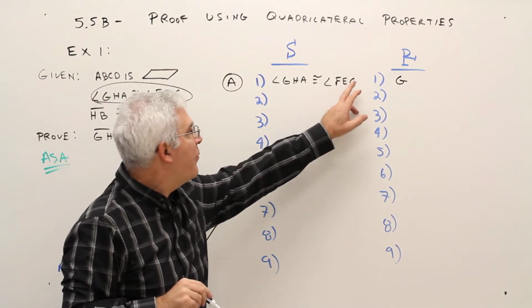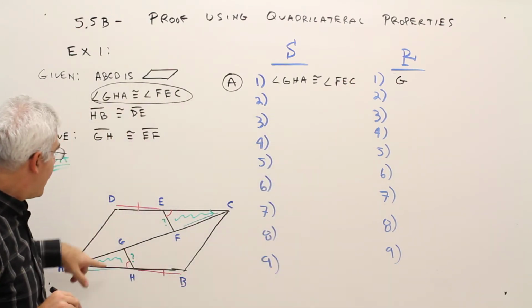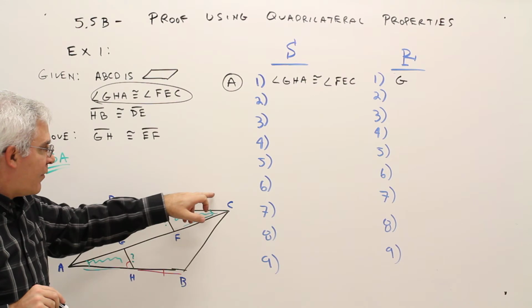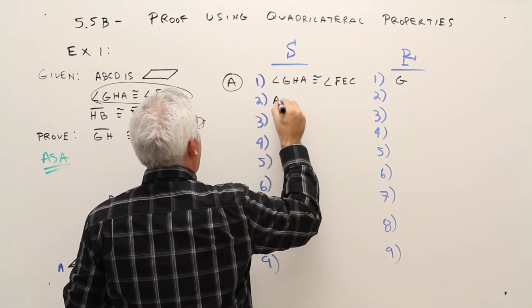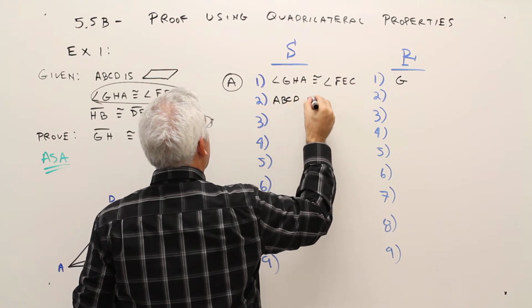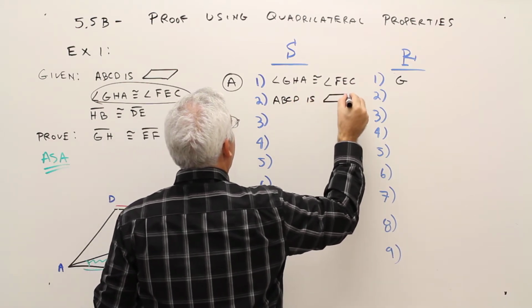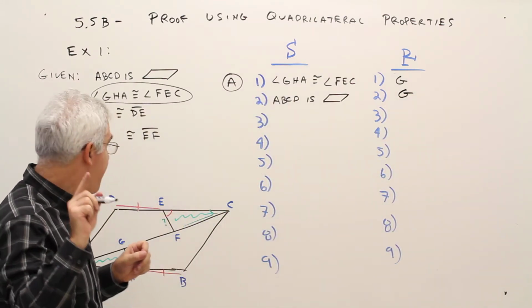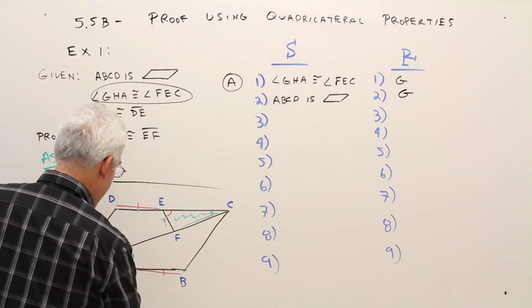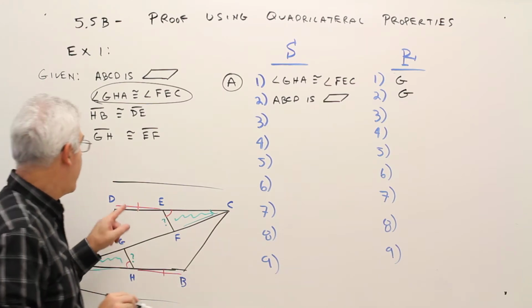Okay, then what I want to do is get the sides. So again, what I'm going to do is say that I'm a parallelogram. So ABCD is a parallelogram, given. And then from that, I'm going to be able to get these opposite sides being congruent.